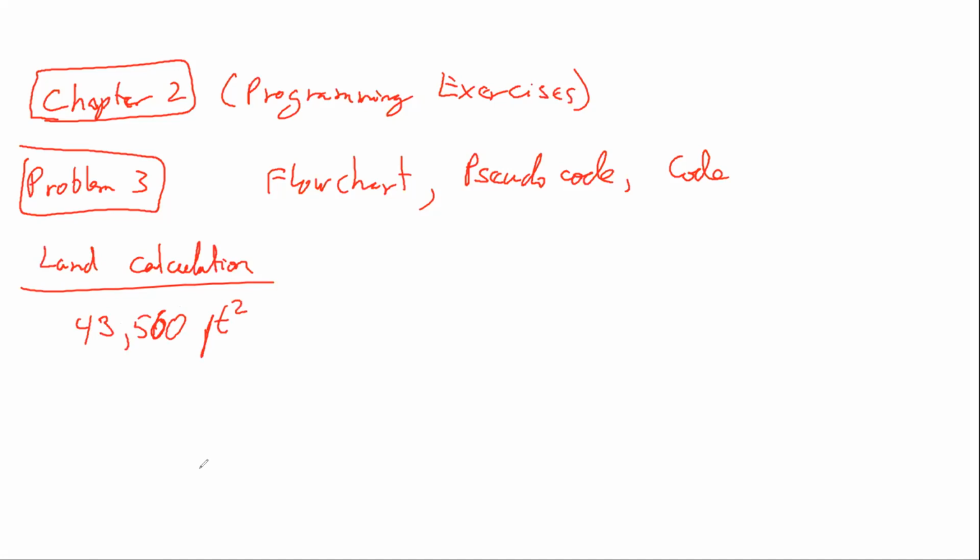So design a program that asks the user to enter the total square feet in a tract of land and calculates the number of acres in that tract. So we're going to basically convert feet to acres. And so it gives us a hint that to do that, we divide the amount entered by 43,560 to get the number of acres. Okay, so that's our basic approach here.